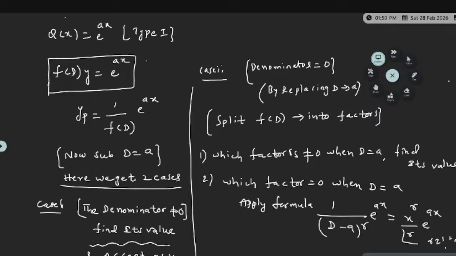Now, which factor is not 0 when D equal to a? You find its value. Which factor is 0 when D equal to a? Then we must apply the formula. What is the formula? 1 by (D minus a) whole power r, e power ax equal to x power r by r factorial e power ax.